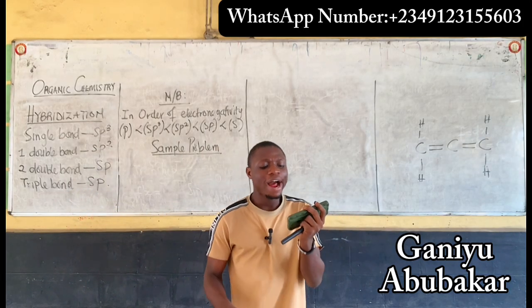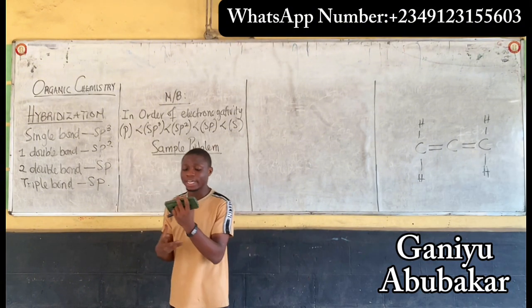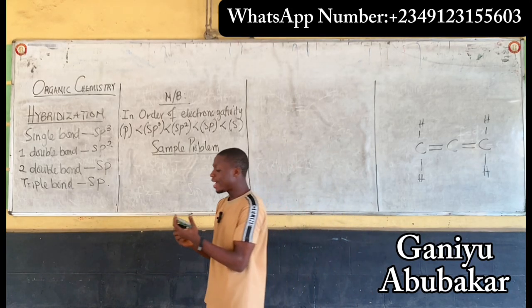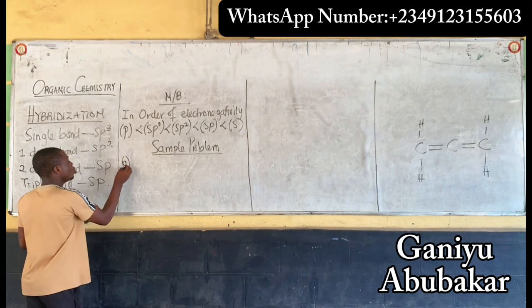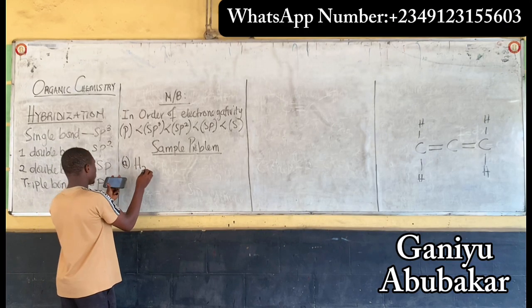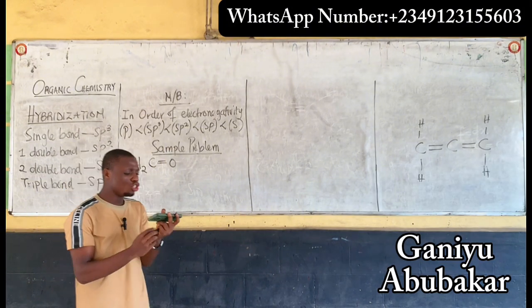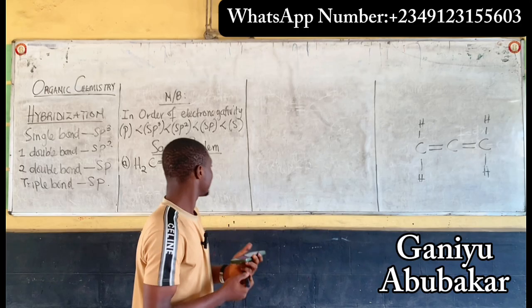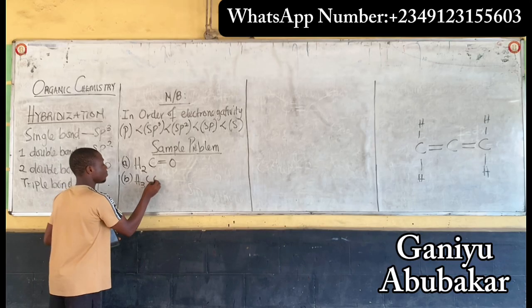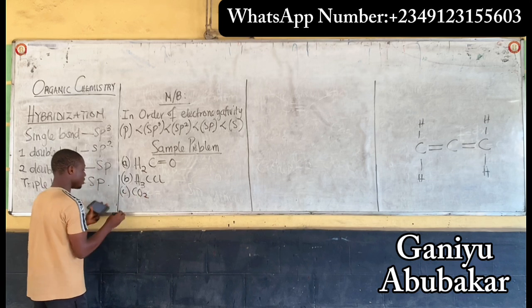Indicate the kind of hybrid orbital used by carbon in the molecule given below, and state the geometry of the bonding. Copy this down, please.